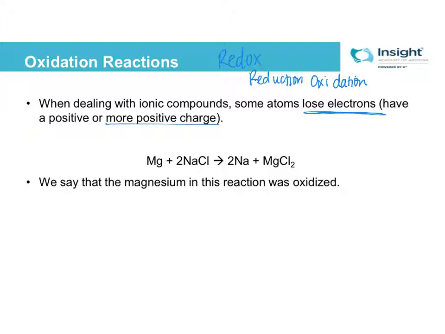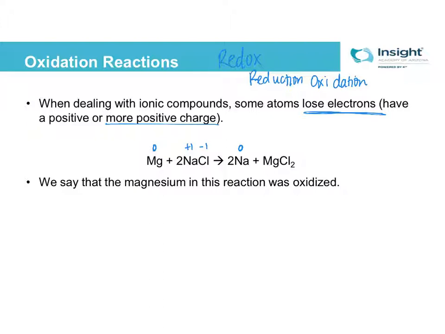So in this example here, magnesium is oxidized. The way to kind of tell what's going on is you want to write your charges down. All right, so magnesium on its own is neutral. All right, sodium and chlorine, they are in an ionic compound. We're dealing with +1 and -1. All right, and then sodium on its own on the product side is going to be 0.